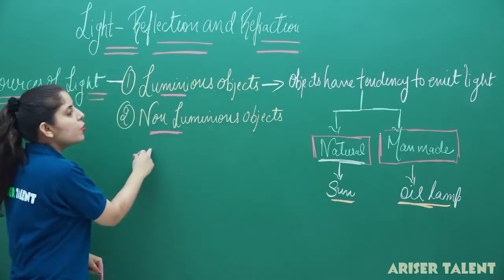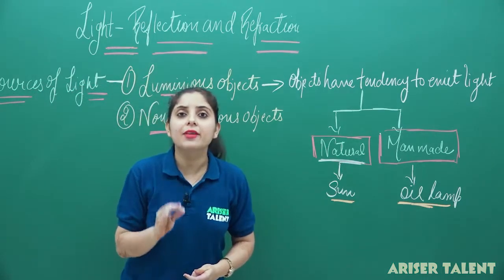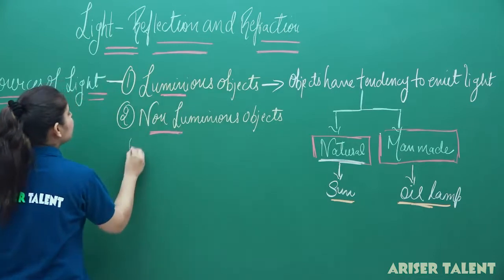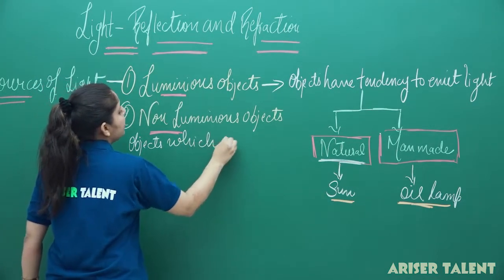Now, moving to our next category, non-luminous objects are the objects which do not have their own light.